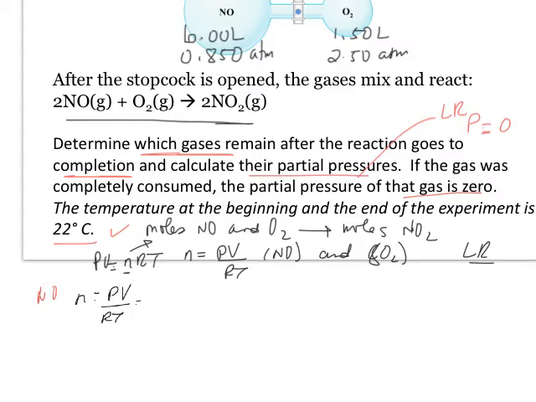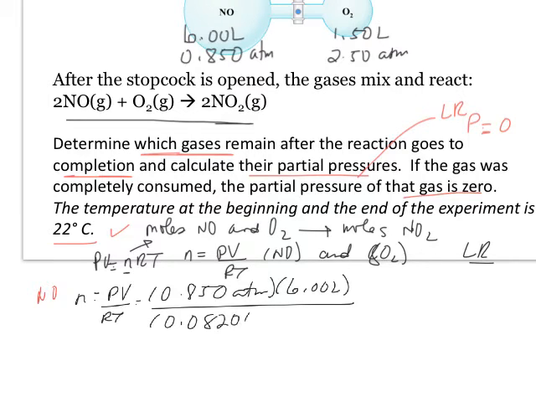We're given the pressure of NO is 0.850 atmospheres times the volume, 6.00 liters, divided by R, 0.08206 liters times atmospheres over mole times Kelvin, and then it's at 295 Kelvin.